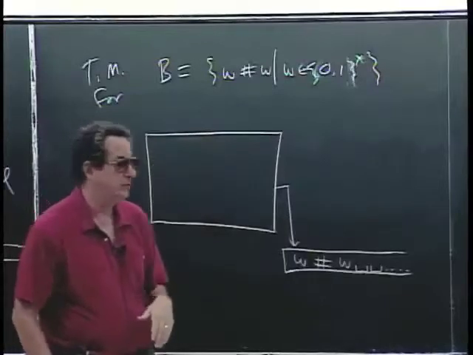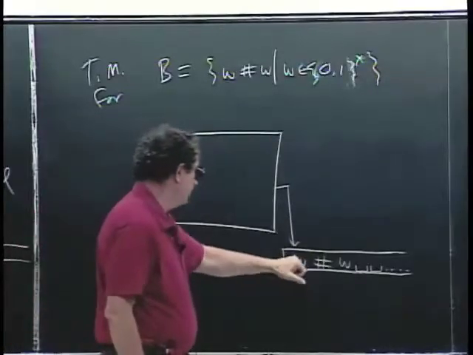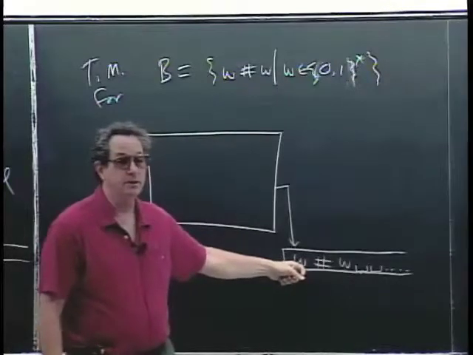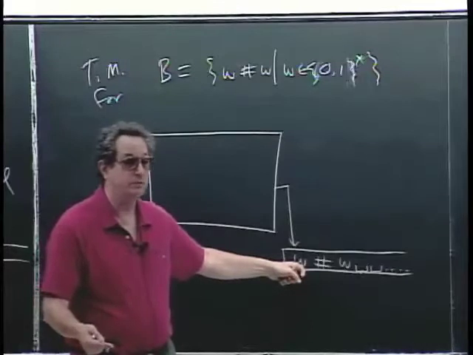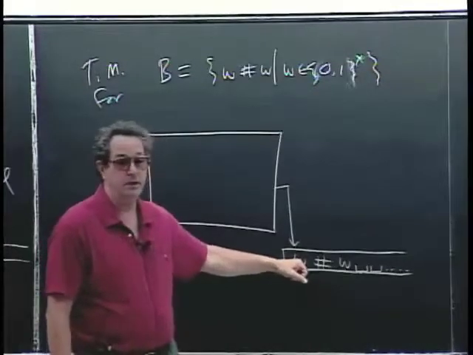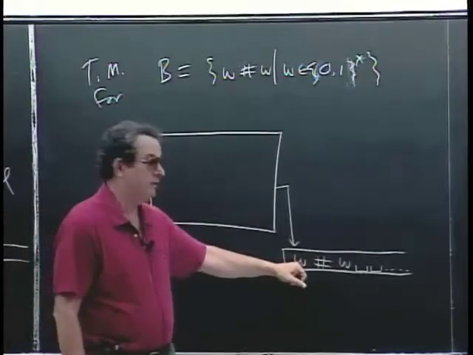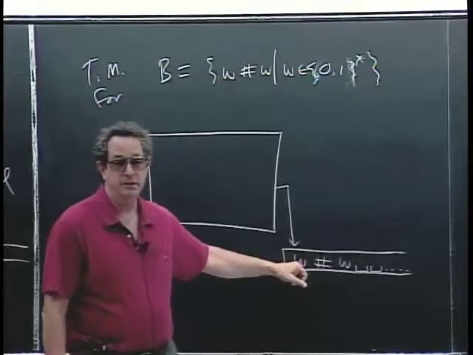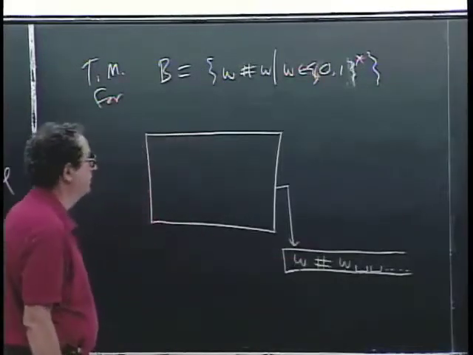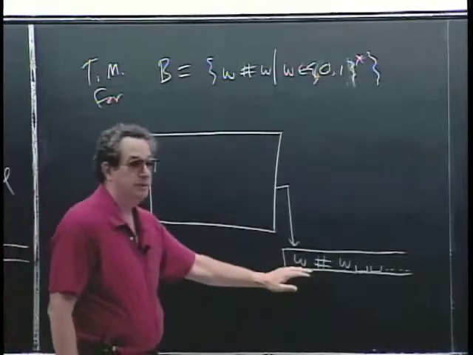The transition rules say that when you're in a particular state and you're looking at a particular character on the tape, you can choose what state you next move into. You can choose whether you're going to overwrite that symbol with something else or not, and whether you're going to move right or left.